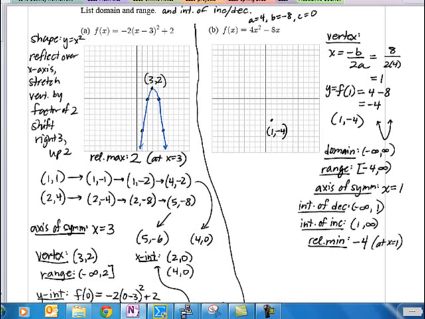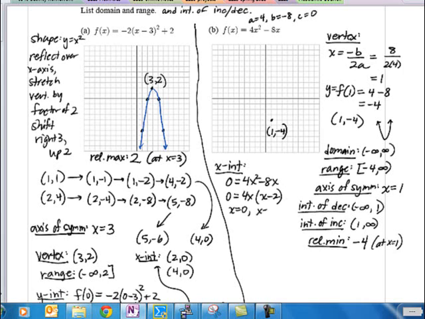So let's find the x-intercepts. We do that by setting the function equal to 0. And this one we can factor. We can factor a 4x out of this. So it looks like x equals 0 or x equals 2 are the x-intercepts.